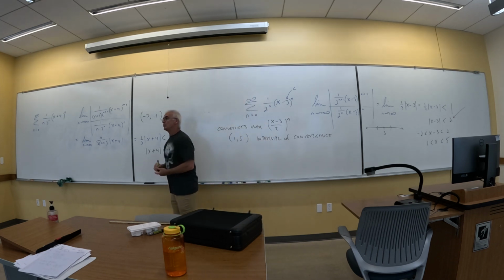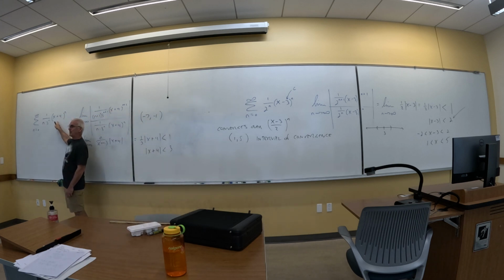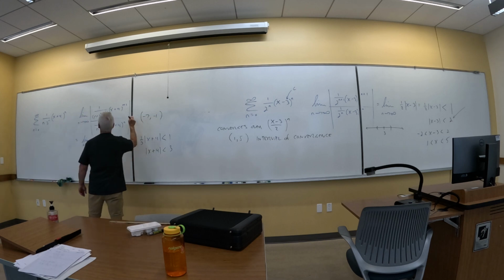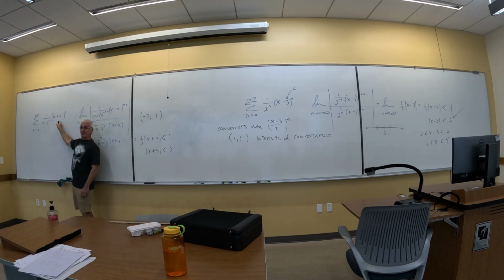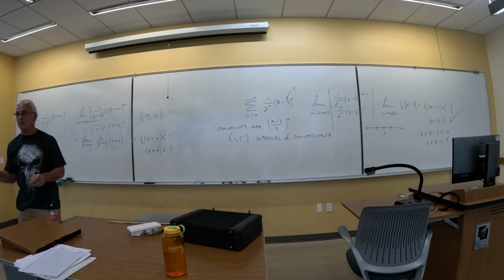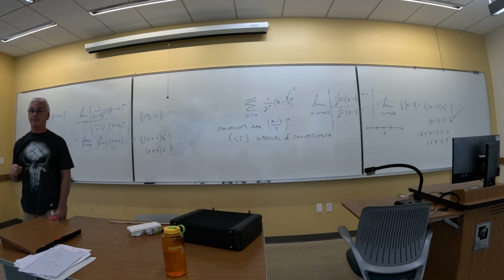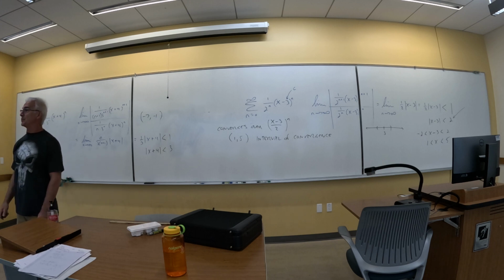It does not matter which one you do first, but if I put a -7 in here, won't I have -3 to a power? And that alternates. Yes. If I put in -1, I'll have +3 to a power. That does not alternate. My suggestion is, if you want to save a little time in the long run, put in the number that doesn't make it alternate, and then determine if that converges or diverges.